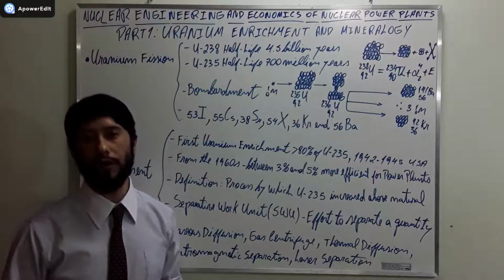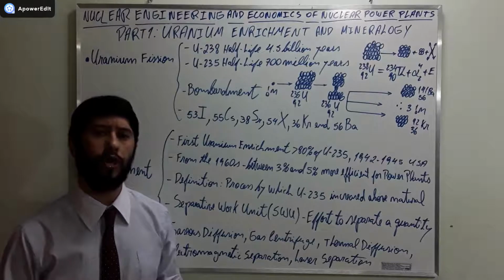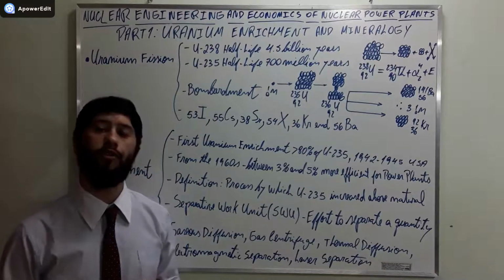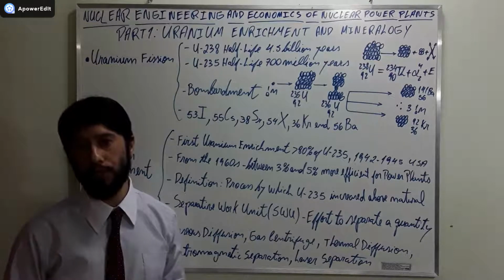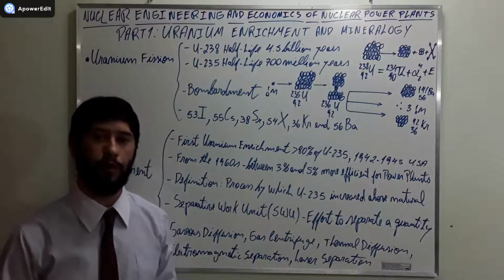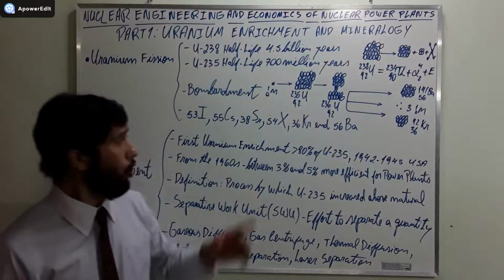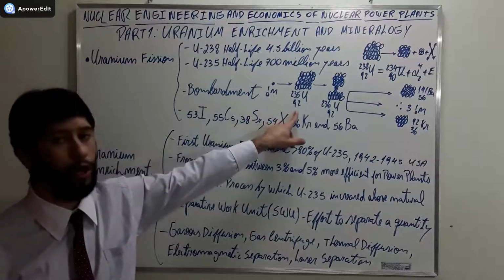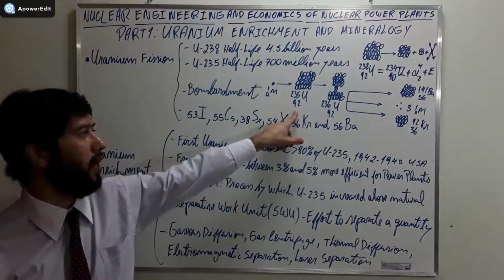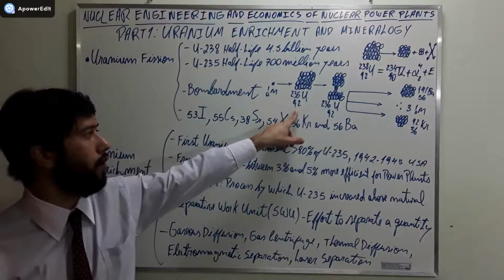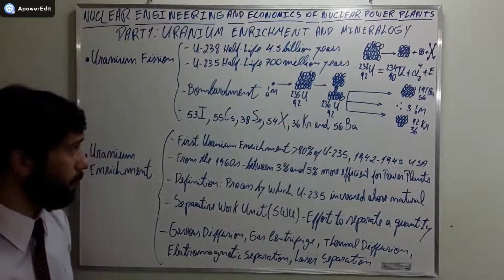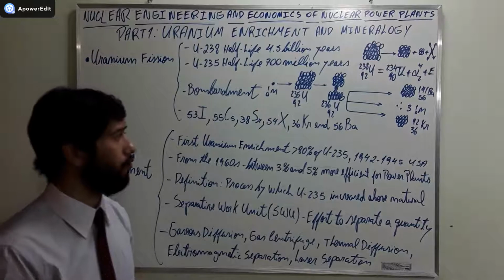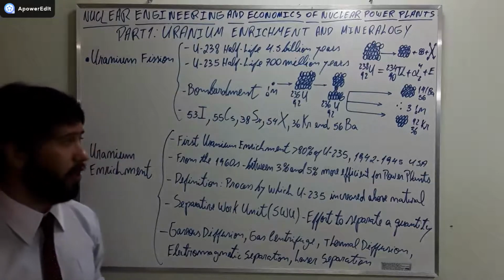The strong nuclear force, which holds neutrons and protons in the nucleus, is stronger than electrostatic repulsion only for extremely small distances. When a slow-moving neutron is absorbed by an atom of uranium-235, it becomes a highly unstable atom of uranium-236.